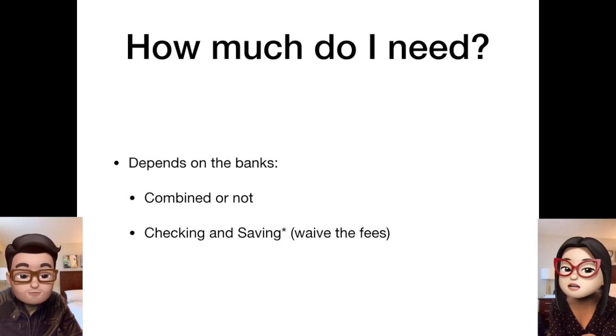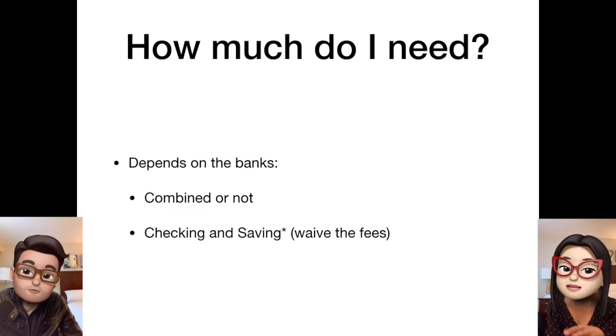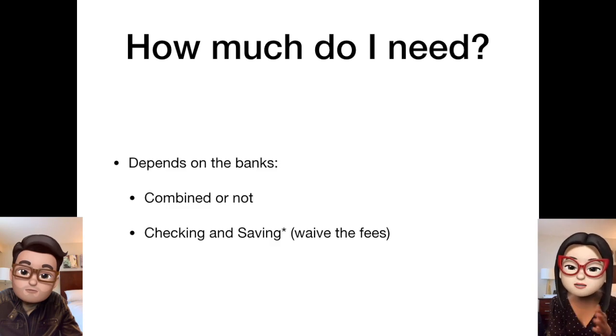Right, and so that you guys have an idea of how much money, both banks where we applied for the checking account to waive their monthly fees required having 1,500, and for the savings account in Wells Fargo it was 300 minimum. Otherwise, you have a maintenance fee. There are other ways to waive the fees, but it really depends on the bank.